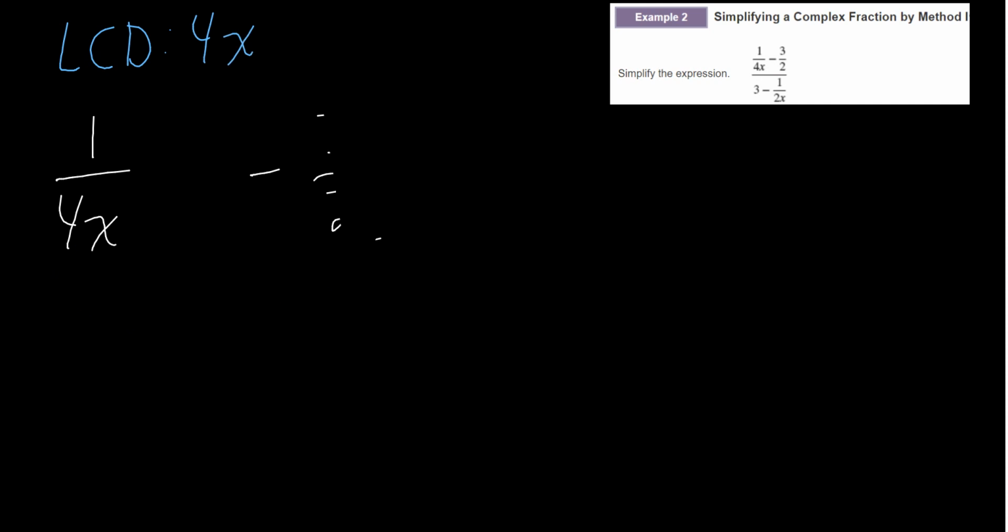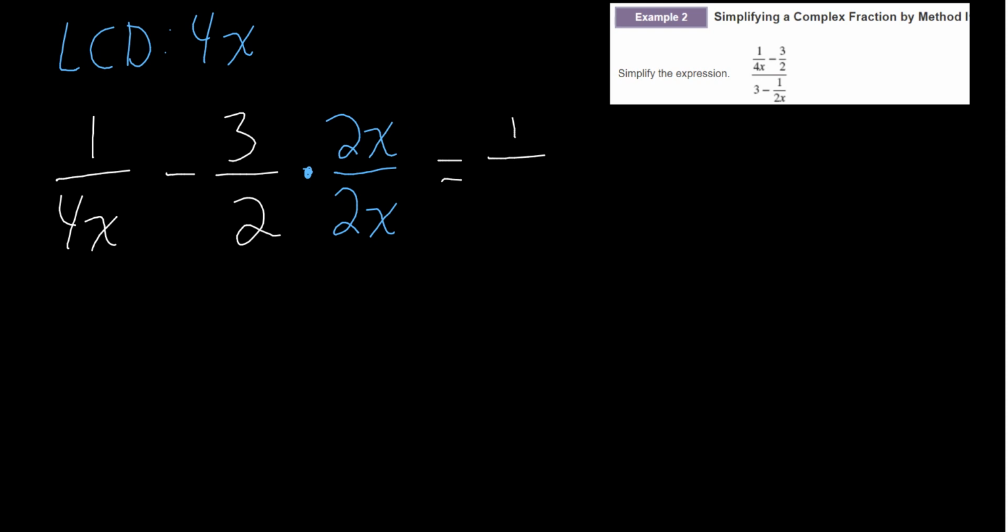And now that I think about it, I don't need to have that big space there. So it's going to be minus 3 over 2. Well, in order to get this denominator to a 4x, I need to multiply by a 2x in the denominator and a 2x in the numerator. Okay, and by doing that, I end up with 1 over 4x minus 6x over 4x.